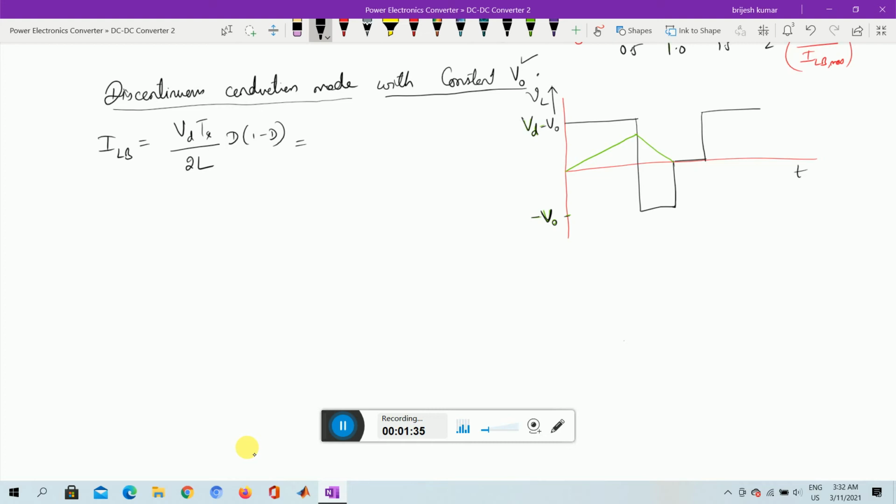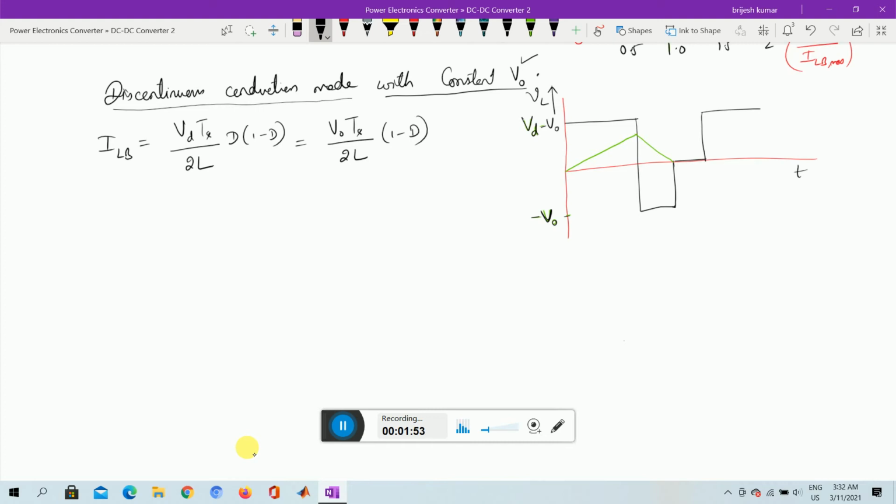So we can rewrite this VD into D as V0 TS by 2L (1 minus D), because now we are not taking VD as constant, we are taking V0 as constant. So we are writing in terms of constant values.